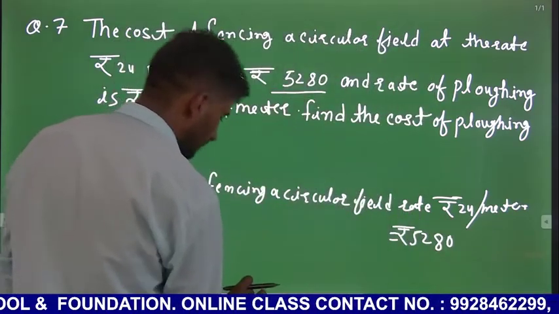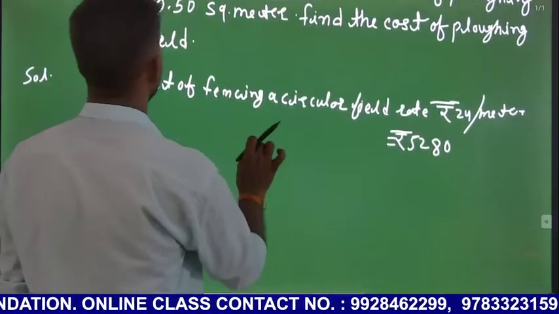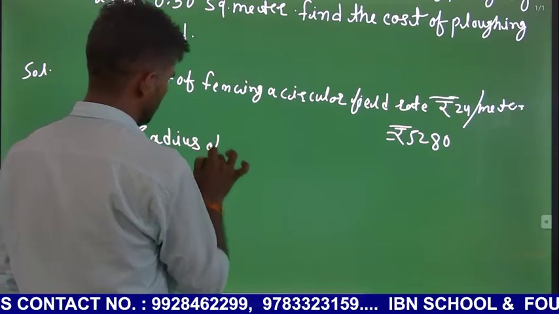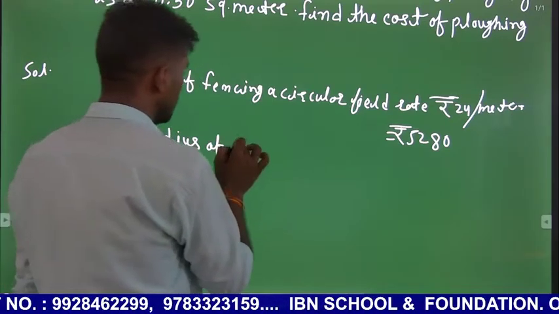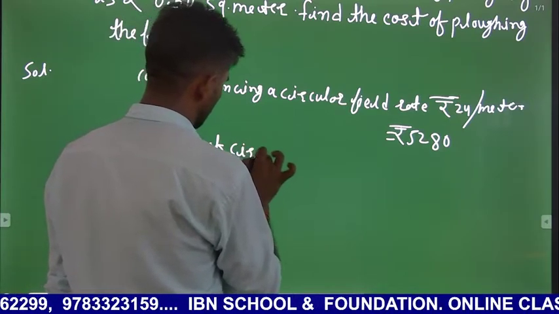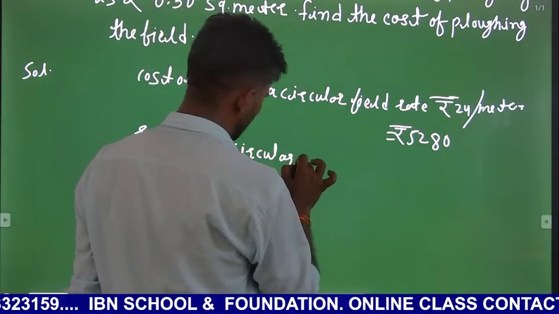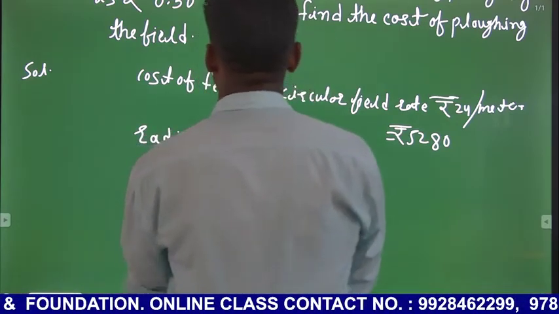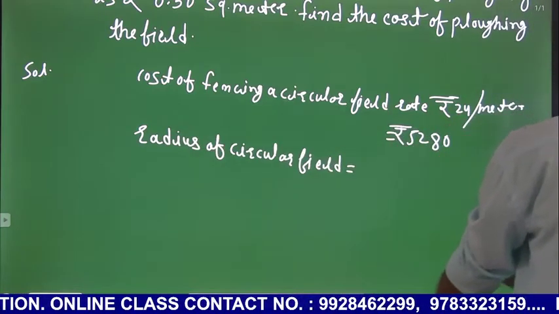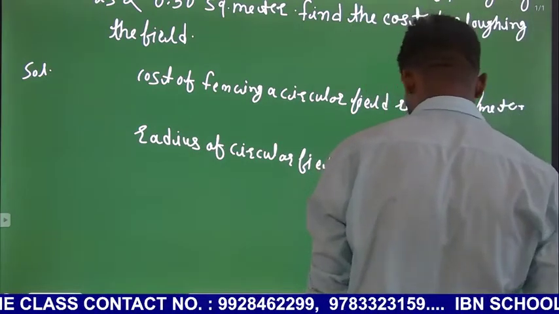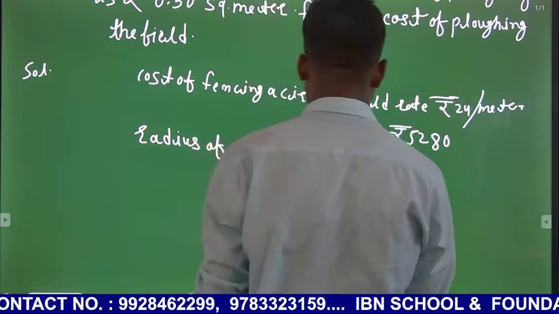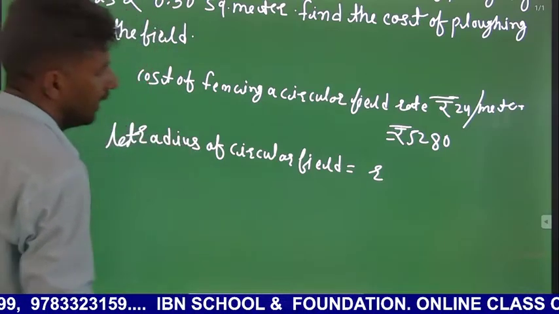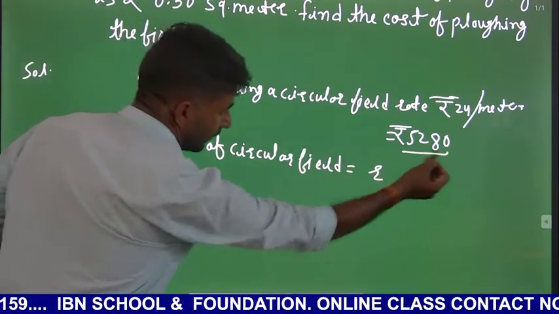So we find the radius of a circular field, and this is total cost divided by rate. And this is the circumference of a circle.